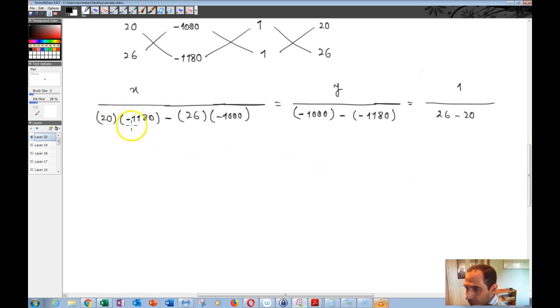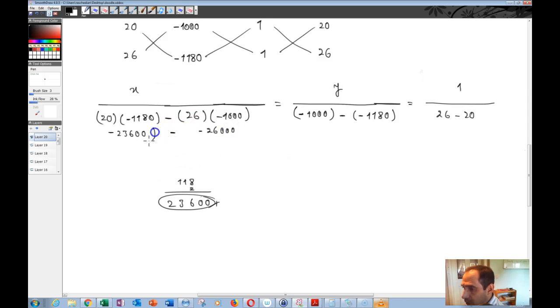So then you have 2 times 118, which is 236, and you have 2 zeros there, so that's negative 23,600, and that's 26,000 minus negative 26,000, so that's negative 26,000.